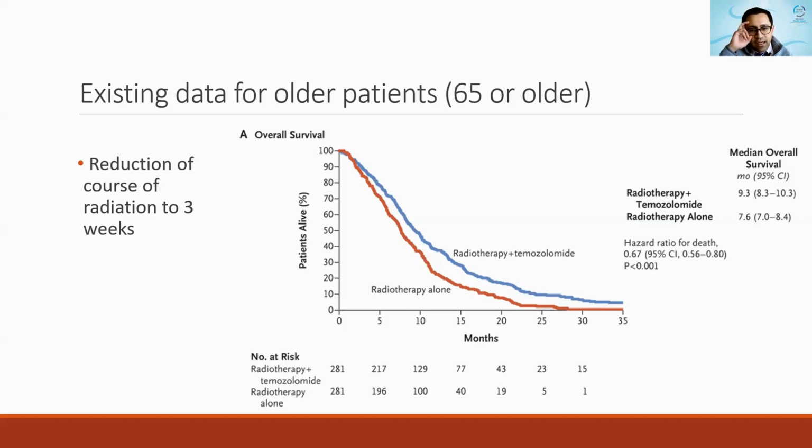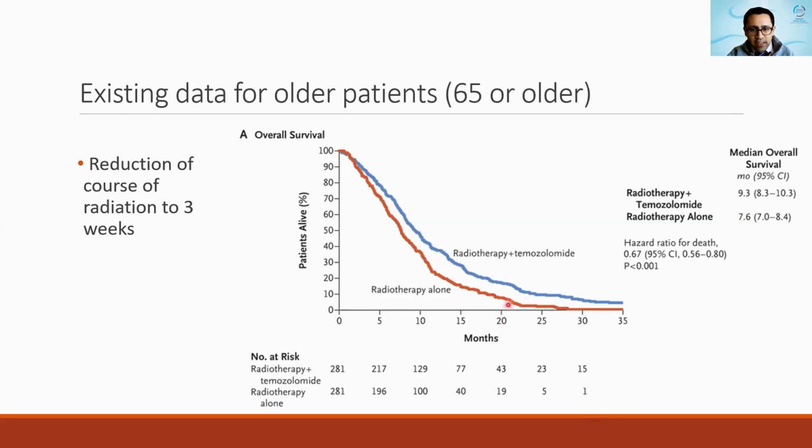Radiation has been felt to be the most toxic therapy for older patients, and this is an effort to reduce that toxicity. So this study was supported by the Canadian Clinical Trial Group, which is supported by the Canadian federal government as well as the European countries as well. And they managed to incorporate a sizable number of greater than 65-year-old patients in this truly randomized study, which randomized patients between radiation alone and radiation plus temozolomide.